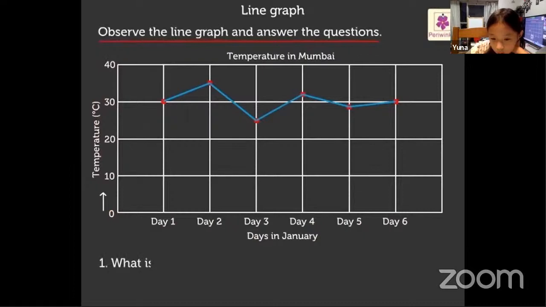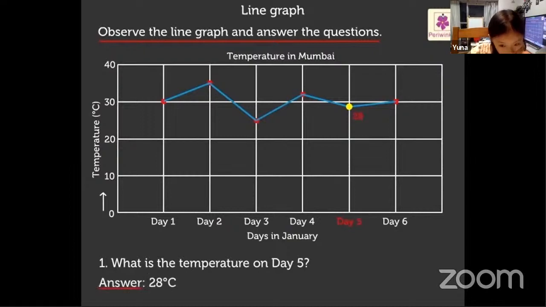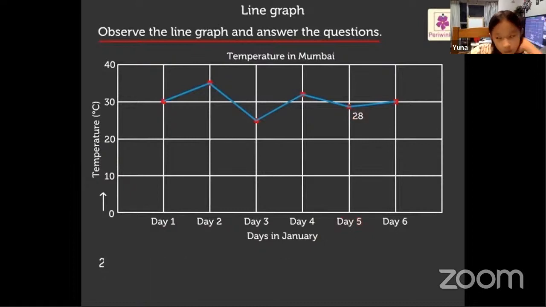1. What is the temperature on day 5? 28 degrees Celsius is the temperature on day 5. Next, 2. Which was the hottest day? Here, the highest temperature of 35 degrees Celsius was recorded on day 2.